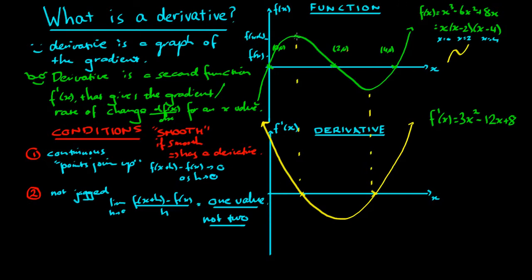And if we did take 2 points, say f of x and f of x plus h, I'll mark these in: x, f of x, and x plus h, f of x plus h. Then as h got very small, these would move close together until they're basically on top of each other. So there's no worries there. This graph is definitely continuous.